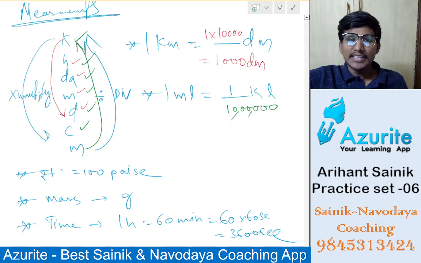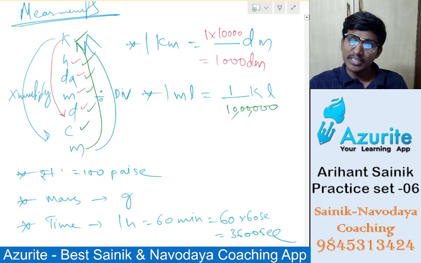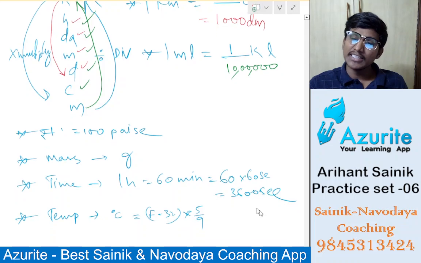Now after that is temperature. Temperature is centigrade and Fahrenheit degrees. If you want to find Celsius, degree centigrade is how much? 5 by 9 into Fahrenheit minus 32.